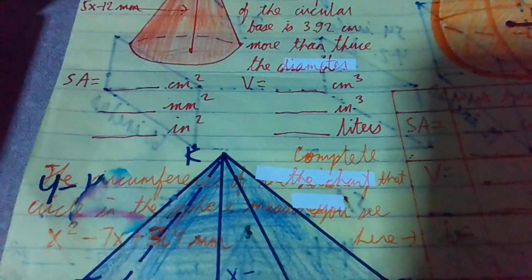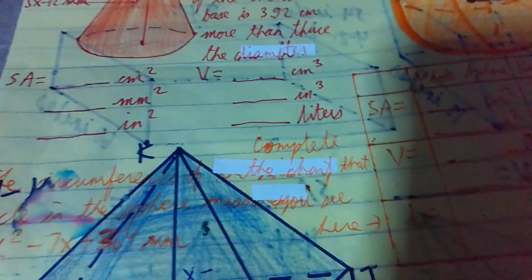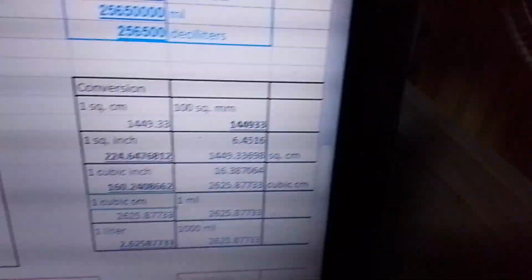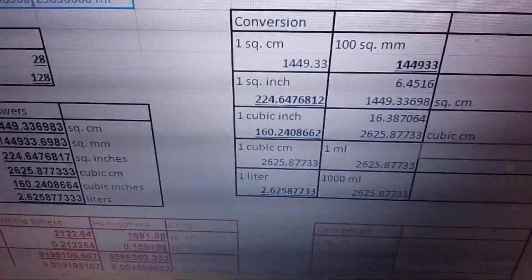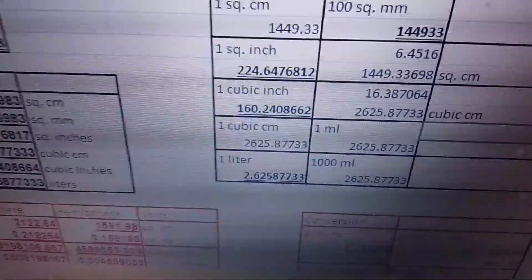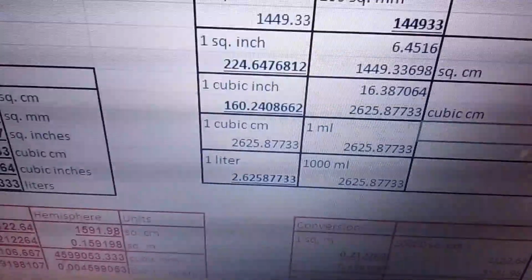But last but not least, we need to convert that into liquid units, which is liters. So, remember our volume in cubic centimeters, right? It's 2,625. So, we need to convert that to ml. It's very easy, right? Converting that to ml gives us the same answer, 2,625.87733 milliliters.